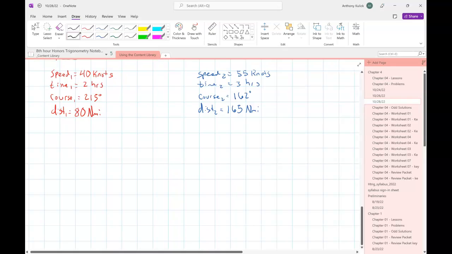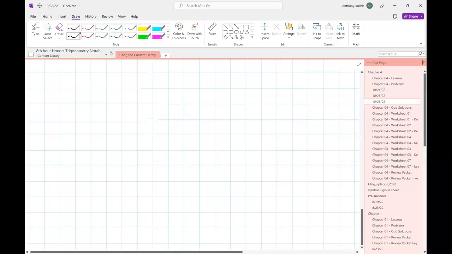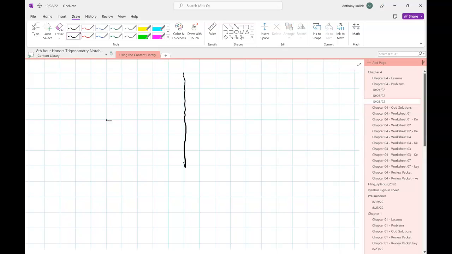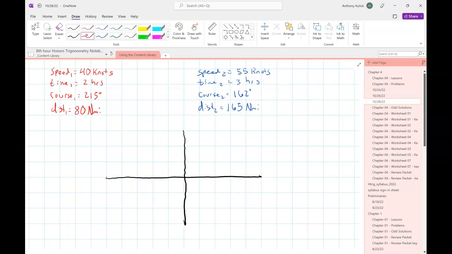So I'm going to draw myself a picture. It's going to be kind of an involved picture to justify what it is that we're going to be doing. All right. So the first leg of my journey, I went 80 miles in the direction of 215 degrees. So we'll start by drawing that 215 degree angle.